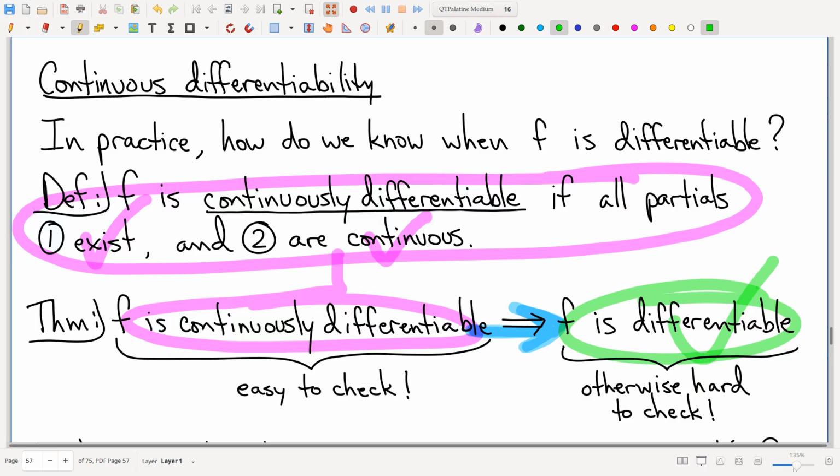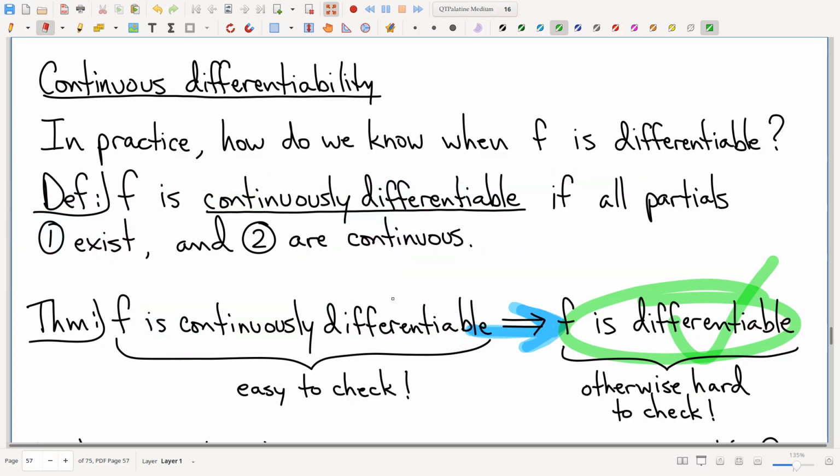And these functions that are differentiable but not continuously differentiable, they still work in the big theorems that we're going to be talking about coming up soon. So the ugly definition of differentiability that we have on the previous page, it's important that it be exactly what it is. Otherwise, we're leaving out important information. Okay, so anyway, it is what it is.